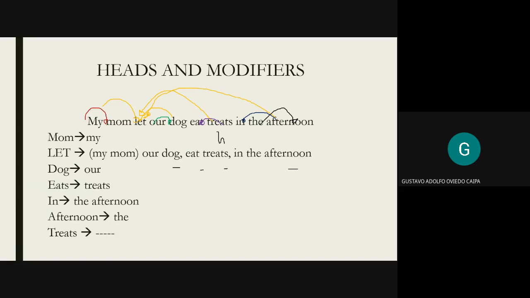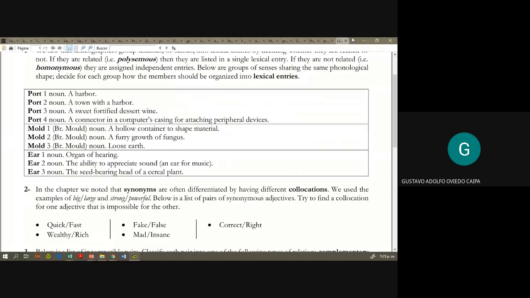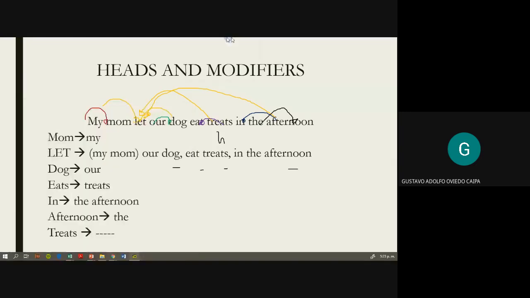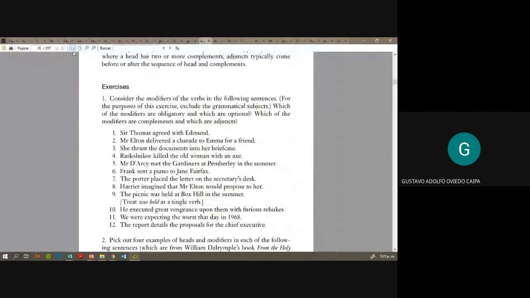Now, the element, the book, the chapter from the book has some exercises. I want you to begin on those exercises. These ones don't have a grade.